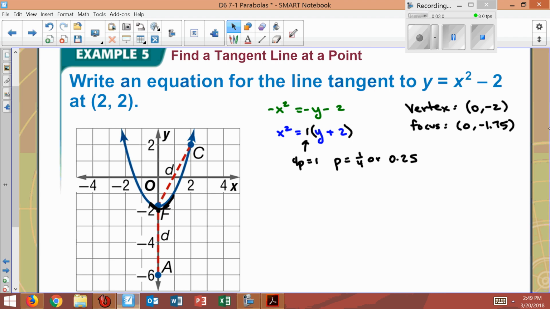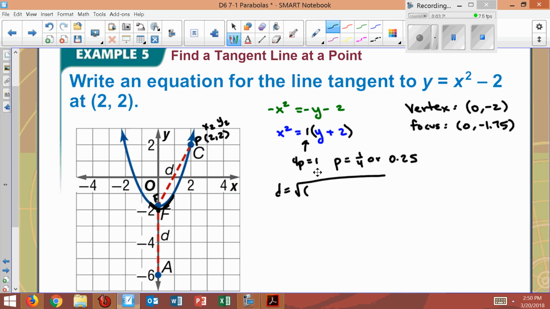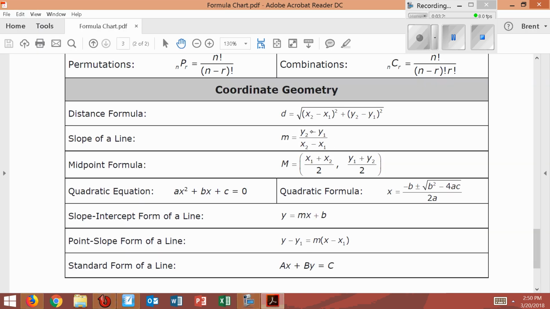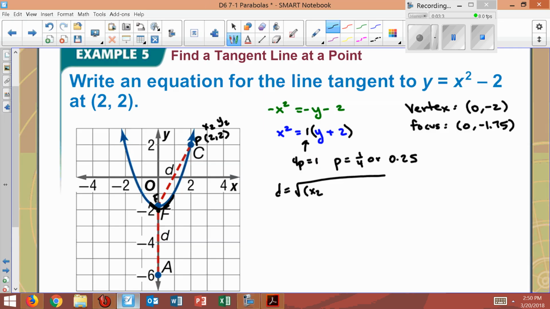To find our distance between this point here, we'll call this point P, where they have it as point C, and the focus, which is here, we're going to do the distance formula. So the distance will equal the square root of x2. We'll just call this point here, the (2, 2), x2 and y2. So you take your x2, which is 2, and according to the formula, you subtract x1.